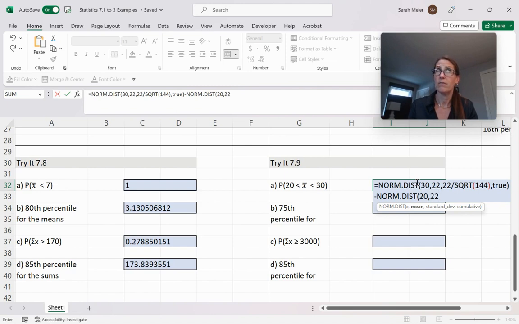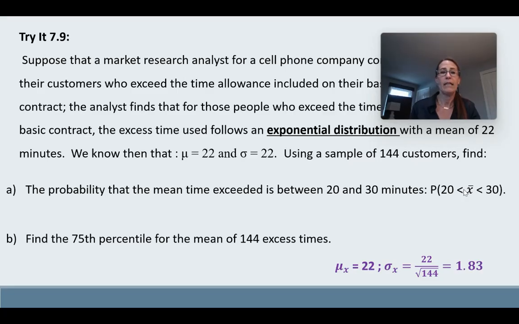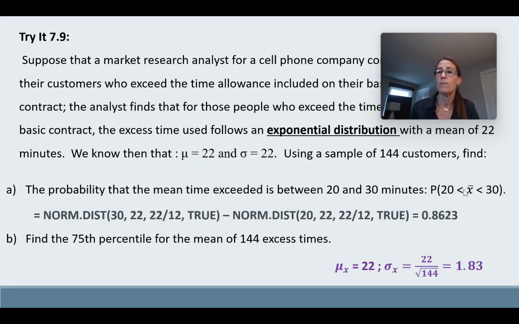Same mean, and then standard deviation, and the word true. And we get 0.8623. So the probability that the mean time exceeded is between 20 and 30 minutes is 0.8623, or 86%.